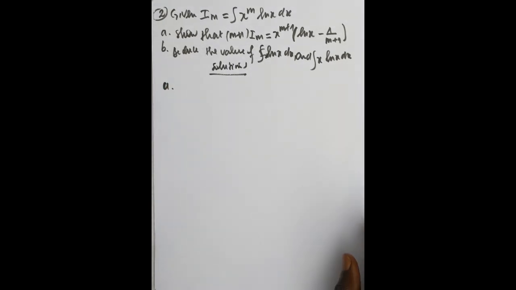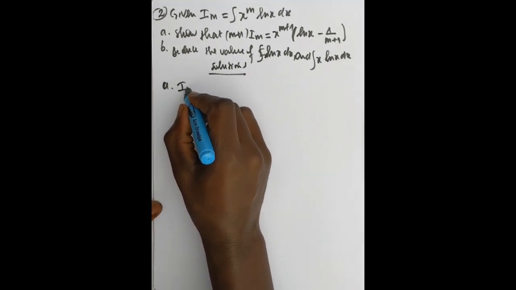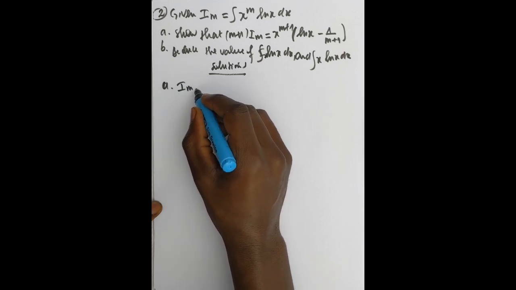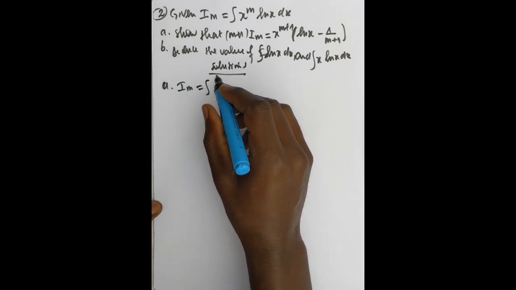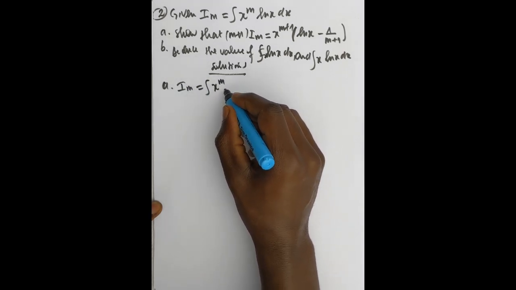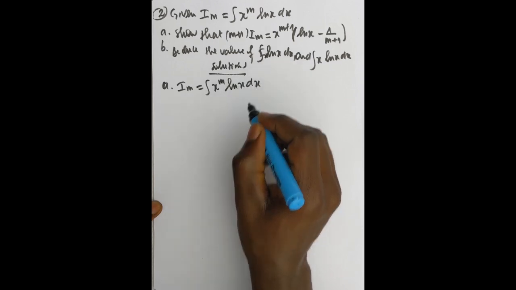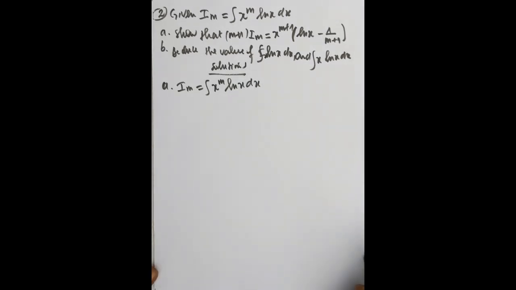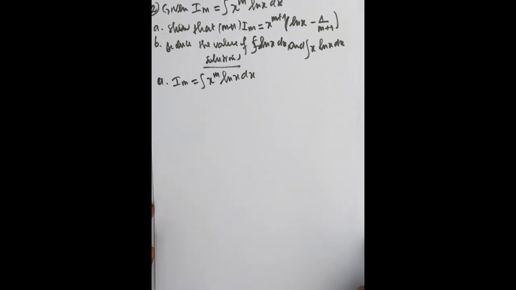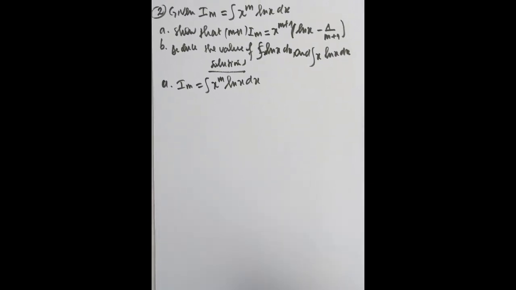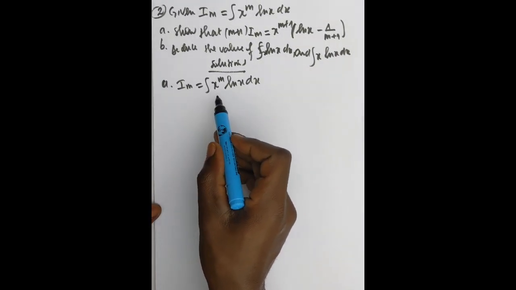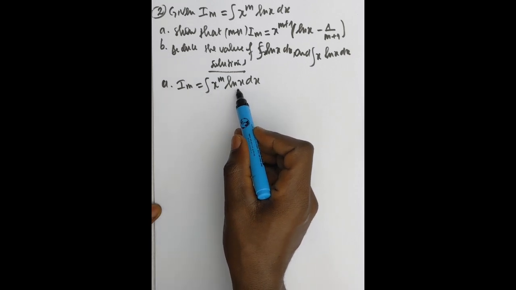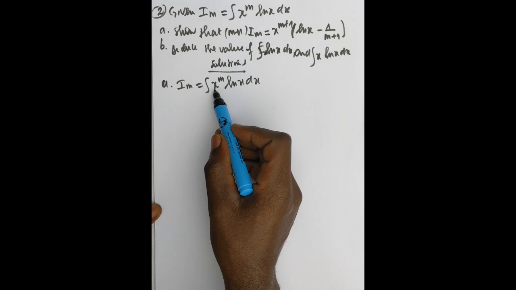Number A, we have Em, which is equal to the integration of x power m ln x dx. So we can see that this is logarithmic function and this is the polynomial.